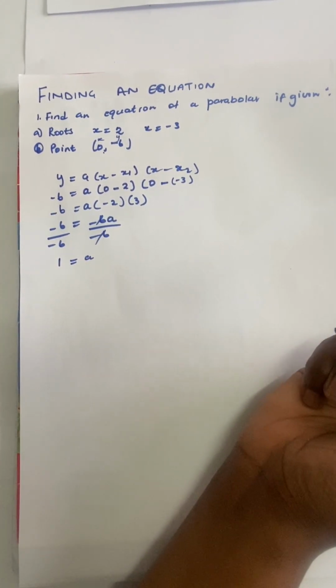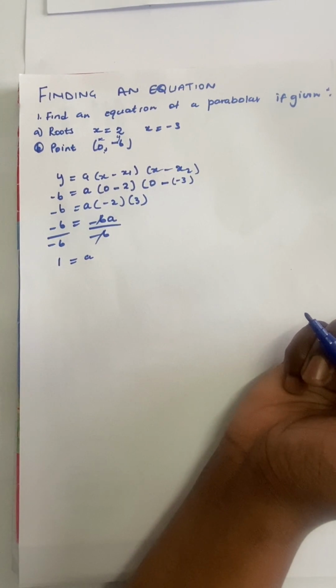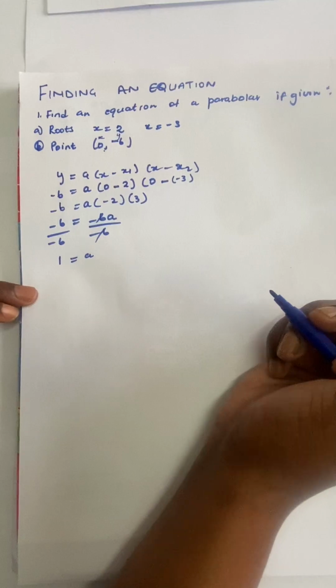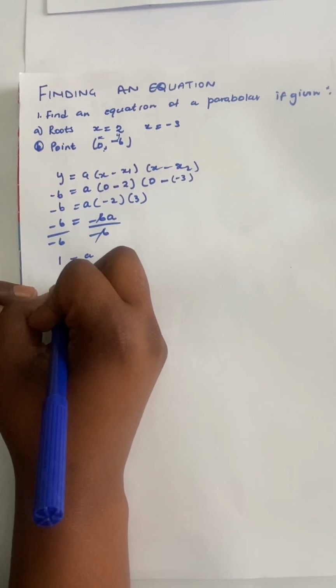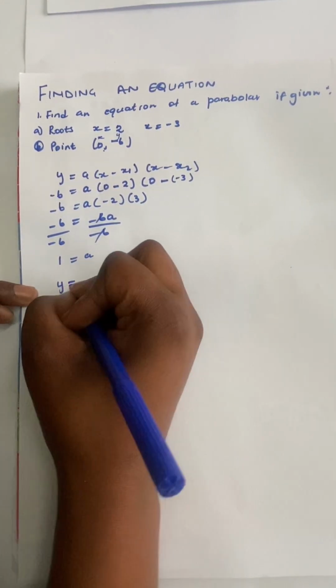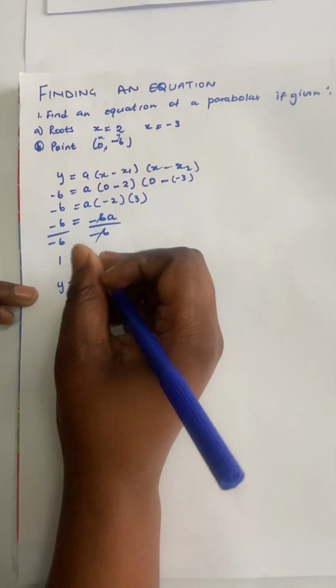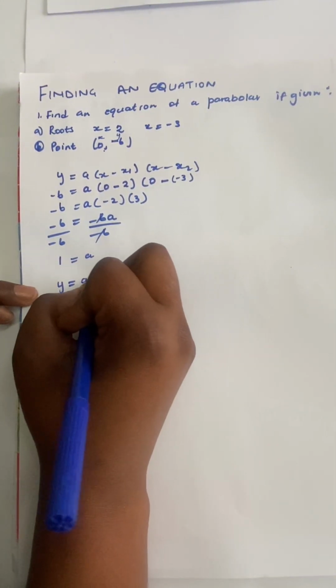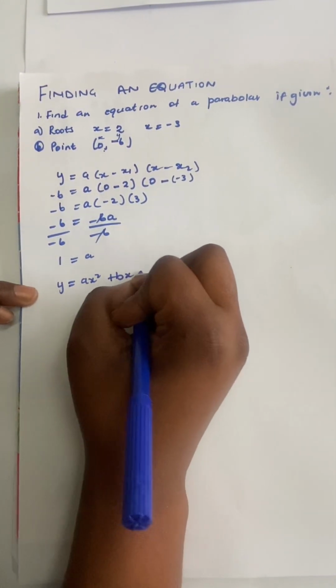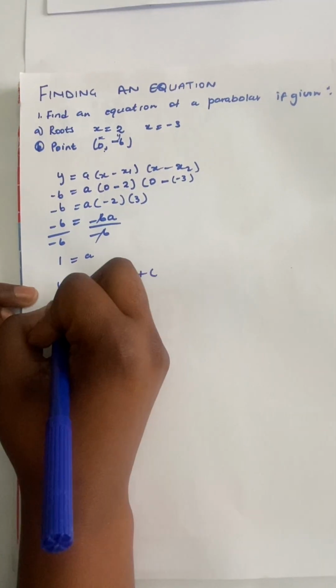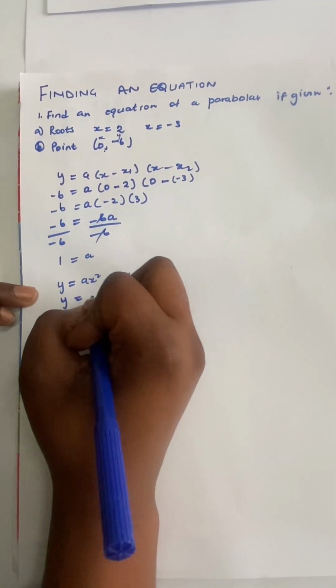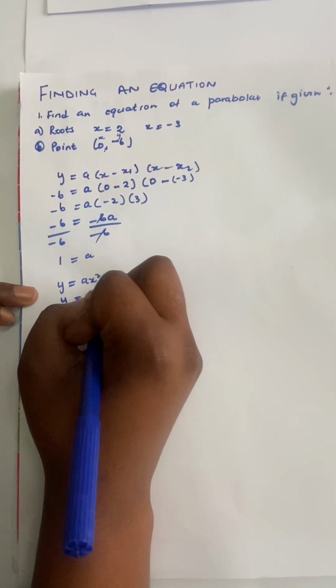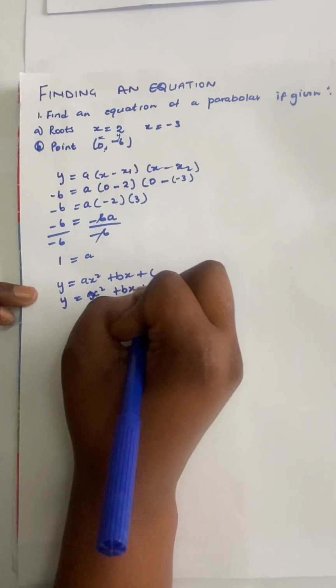All right, now you have found the value of a, and then you go back to the formula and substitute a. Remember, our standard form is y equals ax squared plus bx plus c. You already found the value of a, so it's going to be x squared plus bx plus c.